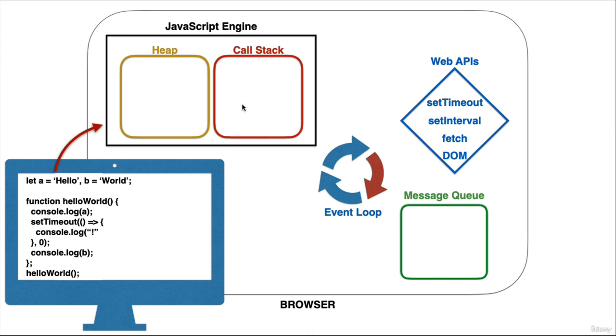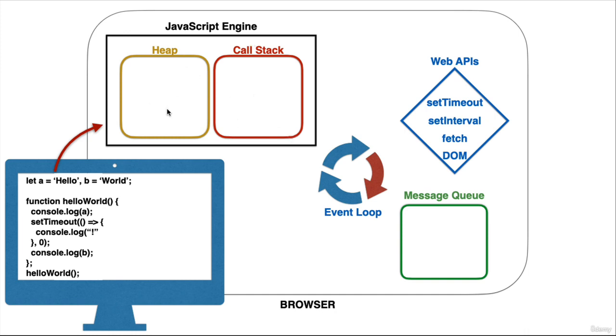So the first function in is at the bottom of the call stack. And then as other functions are called, they're placed on top of it. So the call stack follows a first in, last out approach. Now, as soon as a function or command is completed, it is removed from the call stack.